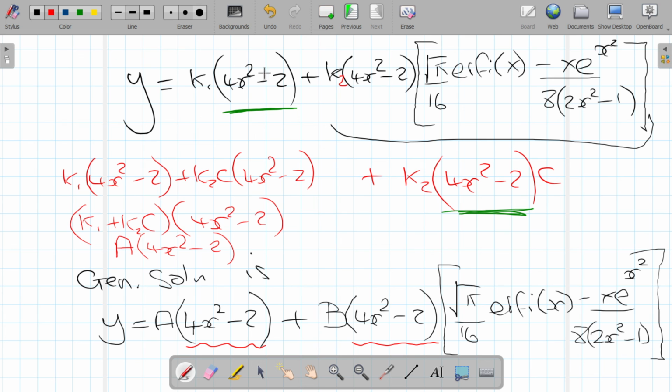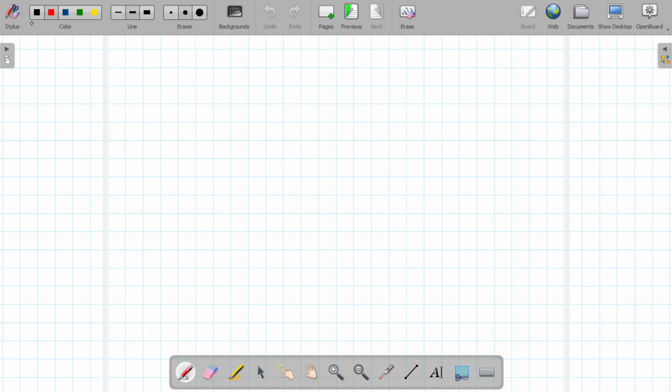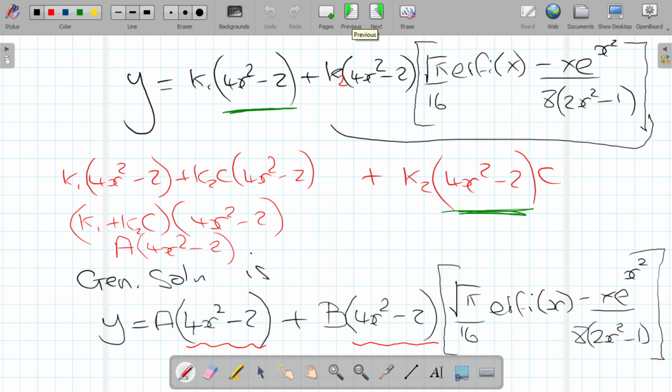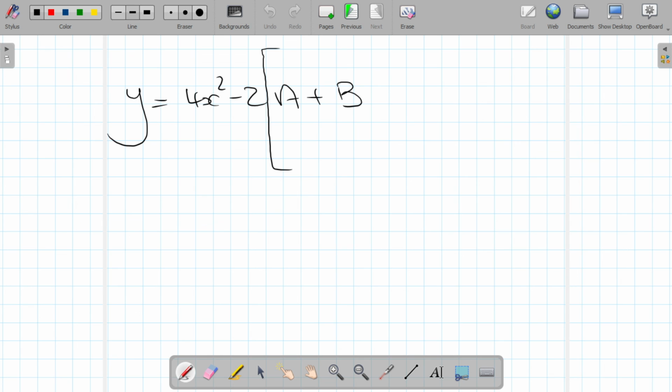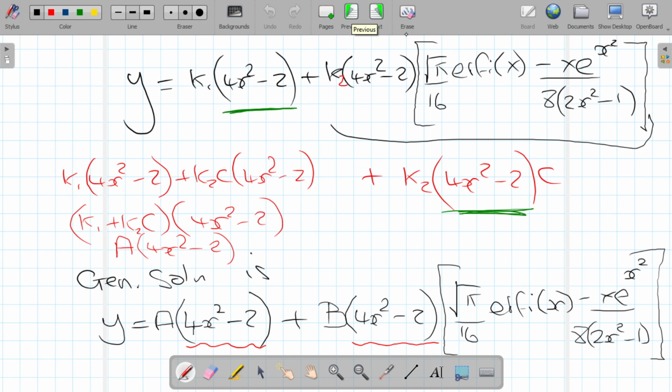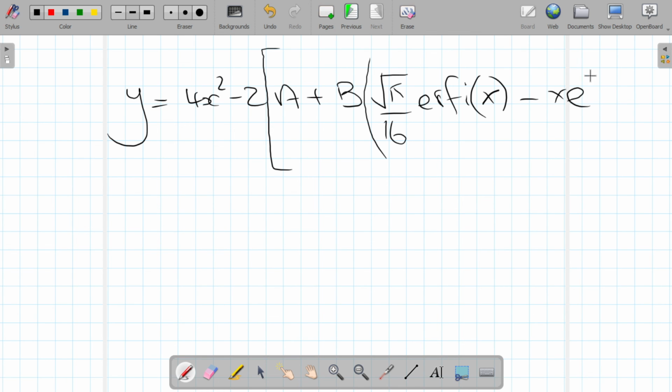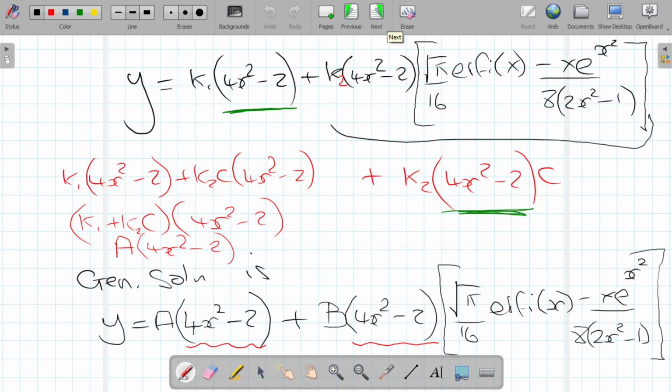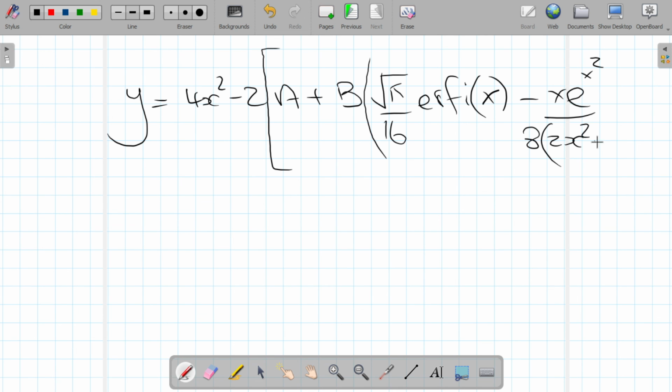So I'll quickly do that, and what we're left with is y equals 4x squared minus 2 times, in brackets, a plus b, times, in brackets, root of pi over 16 times the imaginary error function of x minus x e to the x squared, all divided by 8 times 2x squared minus 1.